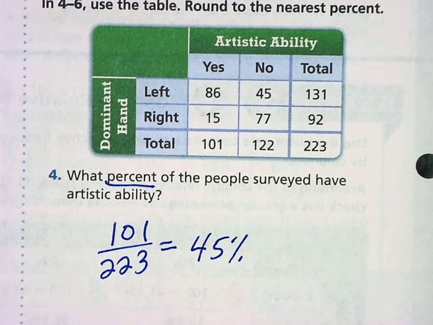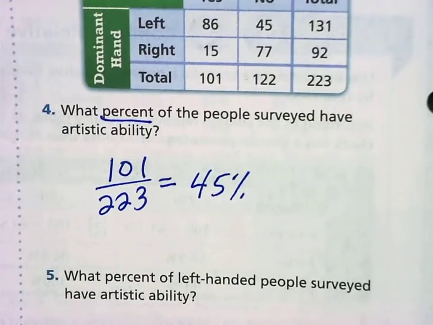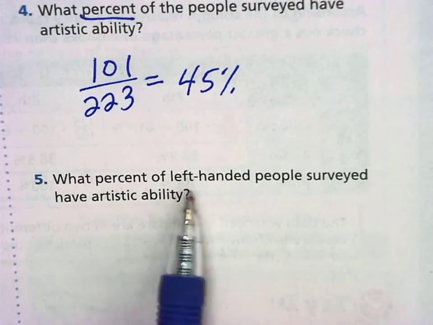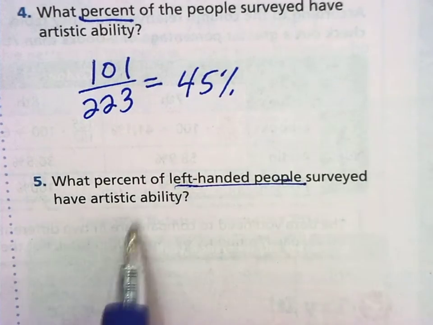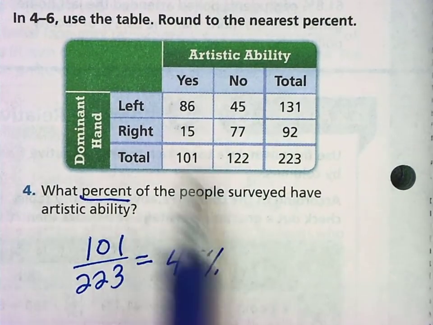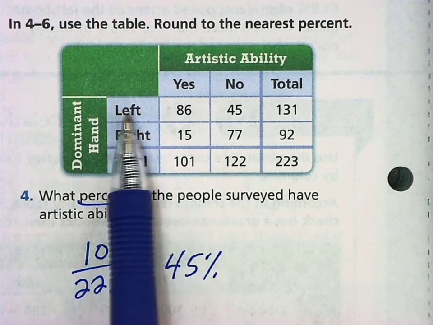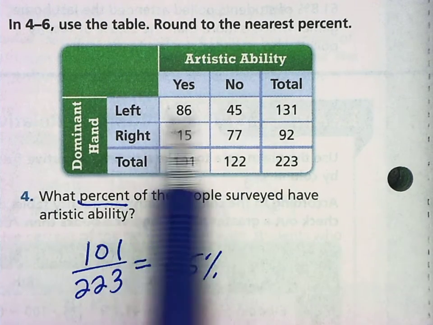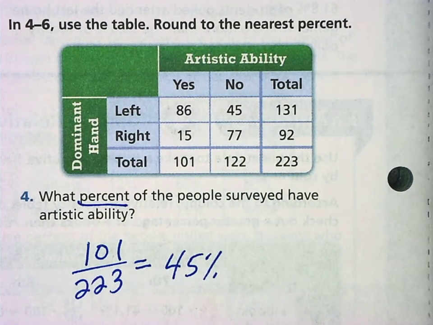Okay, so if we take a look at the next one, what percent of the left-handed people surveyed have artistic ability? So we're going to look in the left-handed row. What percent of left-handed people, so this is by row, said they have artistic ability?